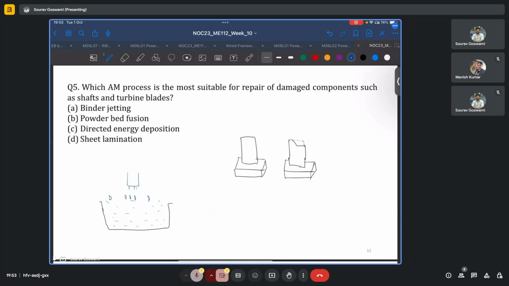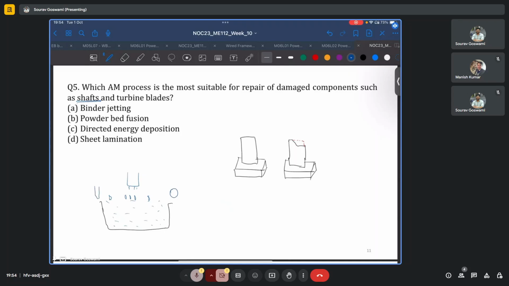Now, in this case, while metallic powder binder jetting is a developed technology, still for repairing a large part such as a shaft, we will have to cover it by this binder powder, and even the motion of the roller or the doctor blade can collide with this part.